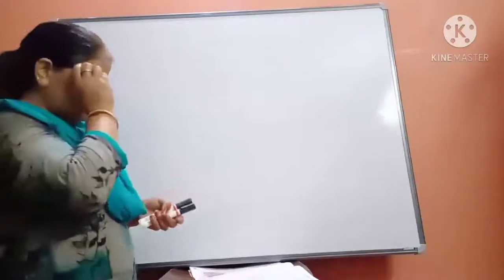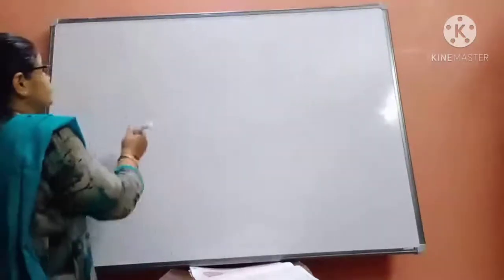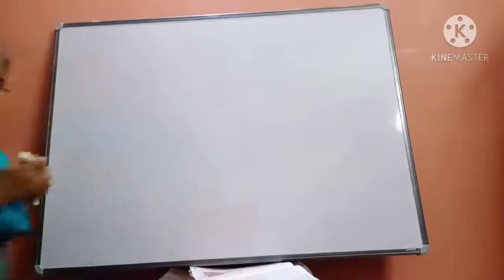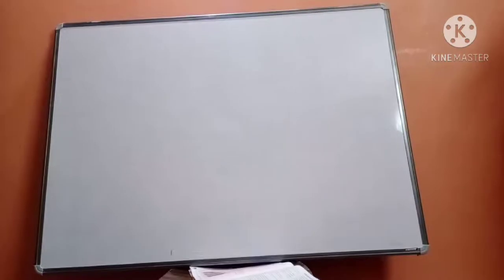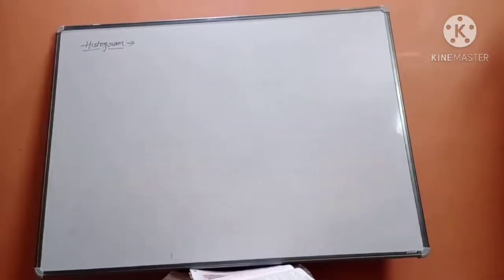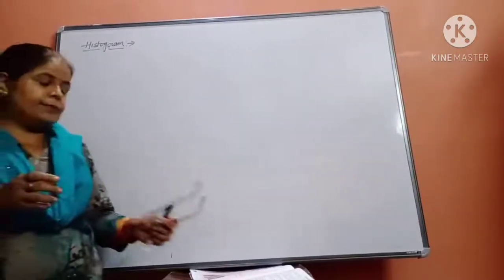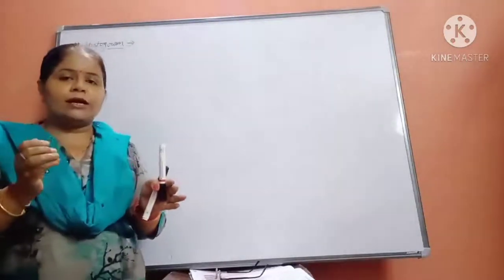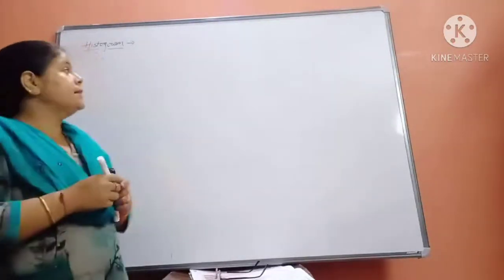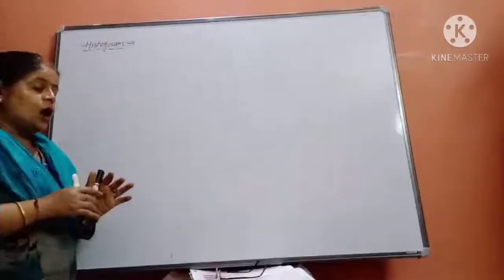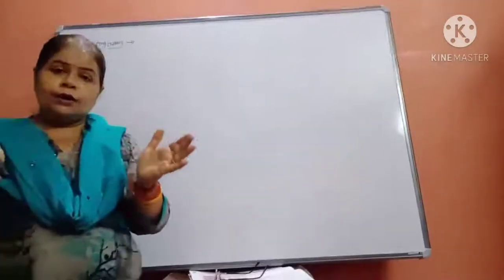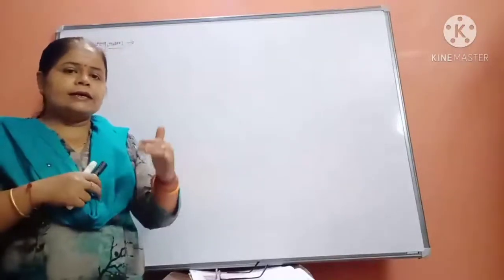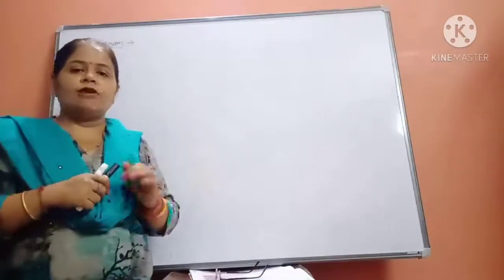For example, when the information is given in grouped form, like 0 to 10, 10 to 20, how will we do it? Always the grouped numbers come on the x-axis, and the rest of the information comes on the y-axis.